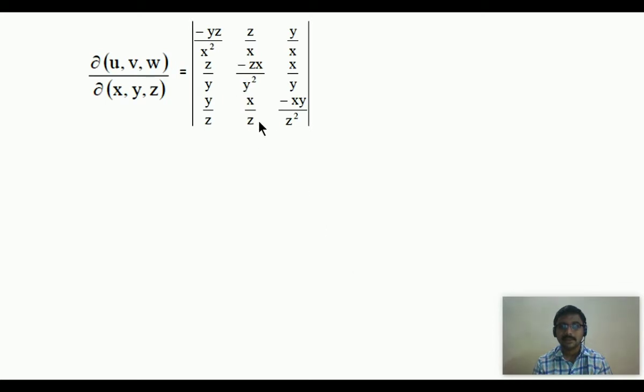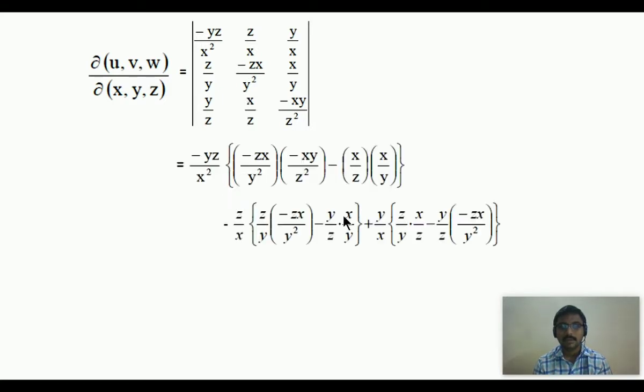These are the partial derivatives. Don't forget, while differentiating partially with respect to x, treat y and z as constants. While differentiating partially with respect to y, keep x and z as constant. While differentiating w with respect to z, keep x and y as constant. So these partial derivatives are computed the same as above.